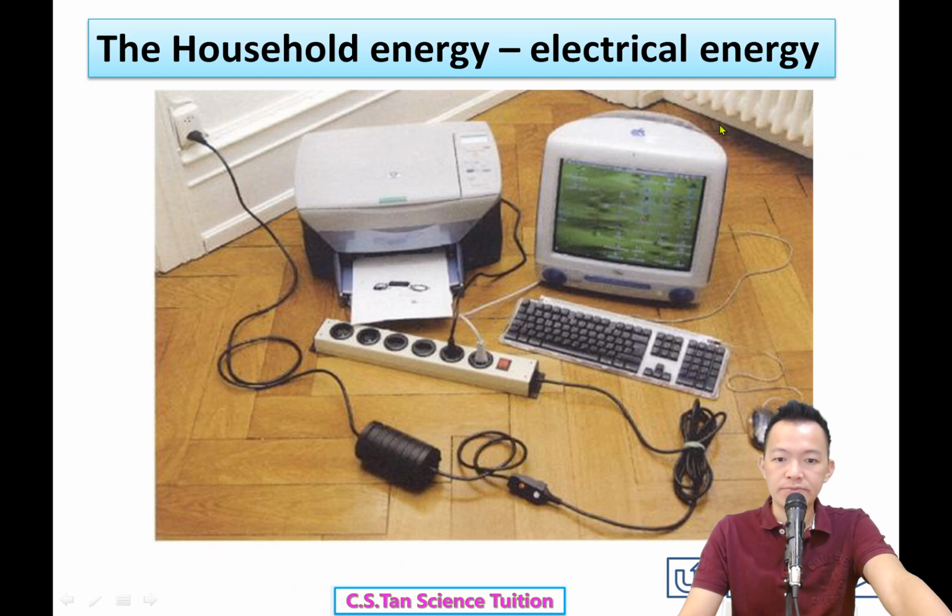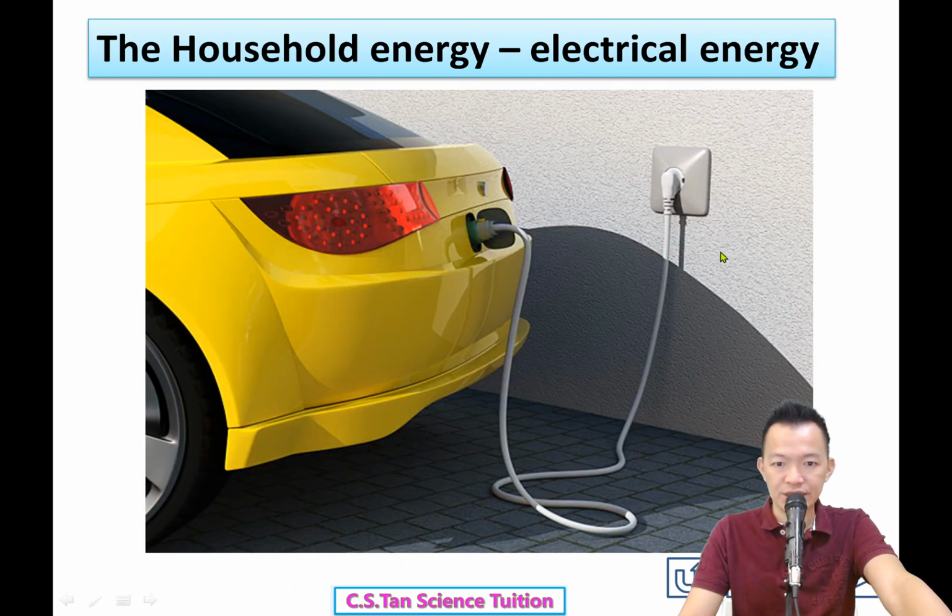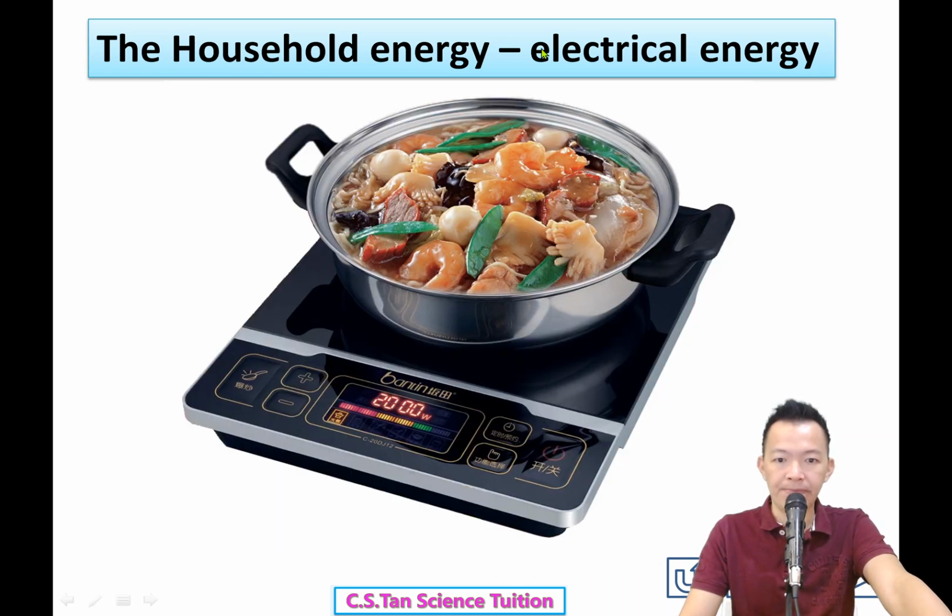Your computer, your smartphone need electrical energy. Even your car, maybe your father's car, also uses electrical energy 电能. Or when your mother is cooking with the induction cooker, 这种叫电子炉, it also uses electrical energy. So almost 100% of the appliances in your house are using electrical energy.